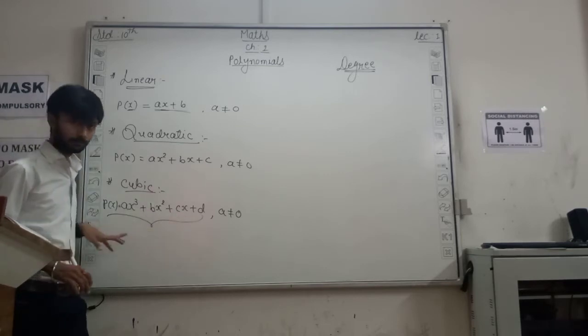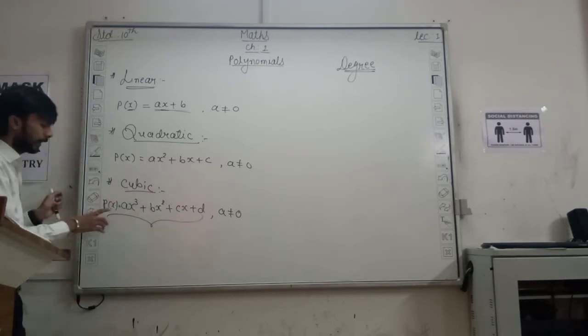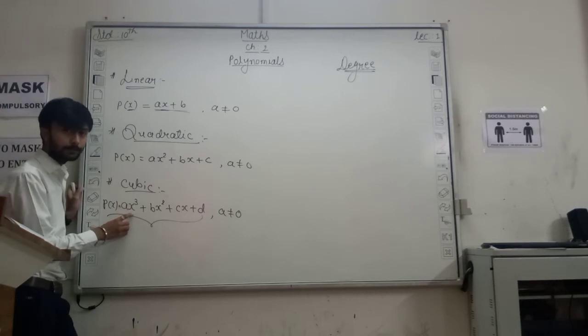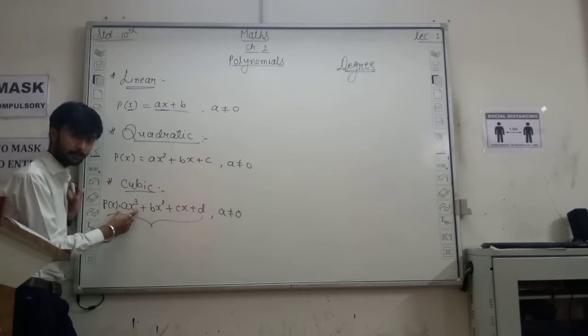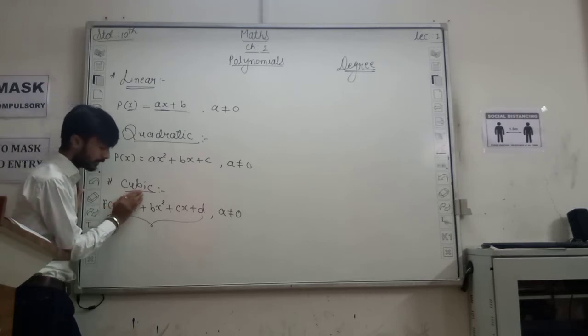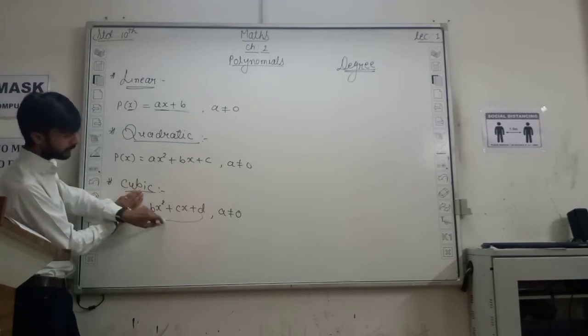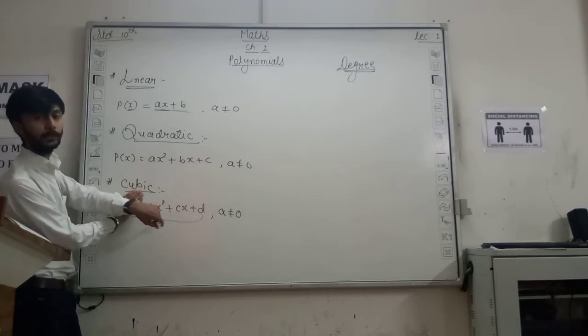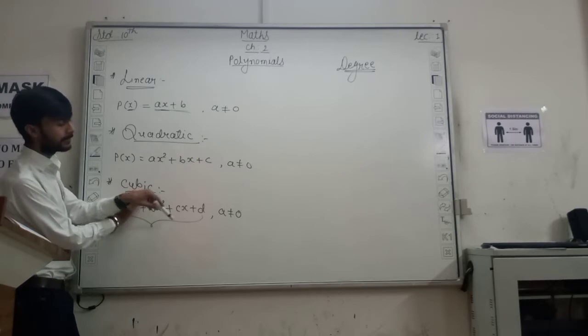And here you can see if a is 0, then 0 into x cube, that means this whole term will be 0, and then the remaining part is a quadratic polynomial. So we can't say that this is cubic.